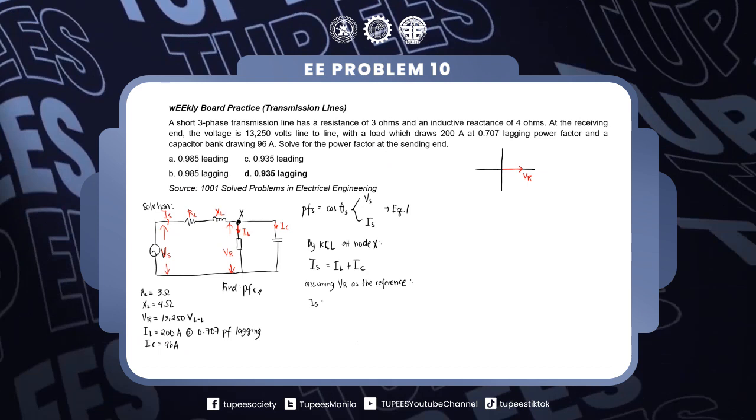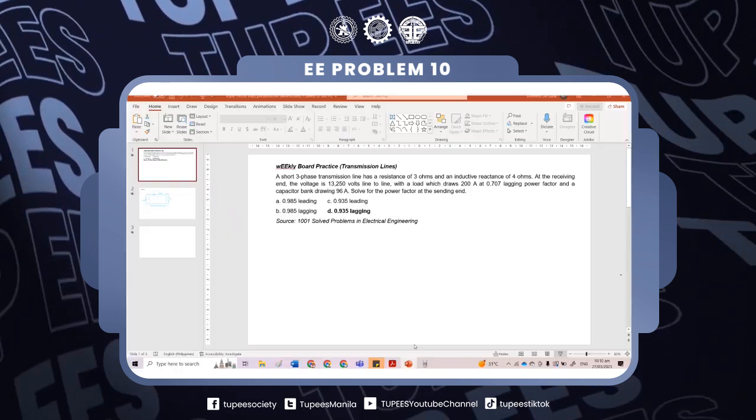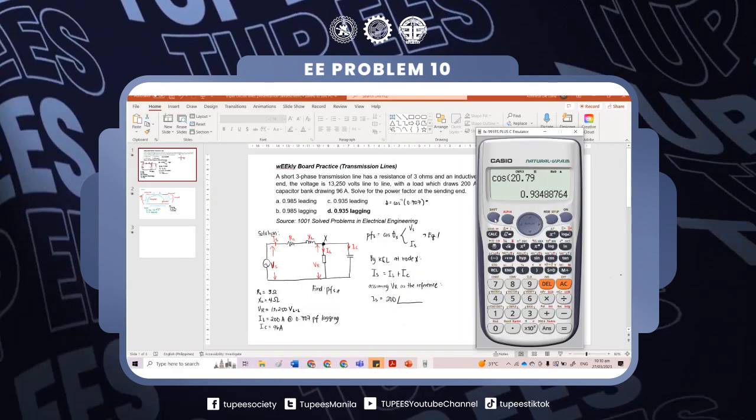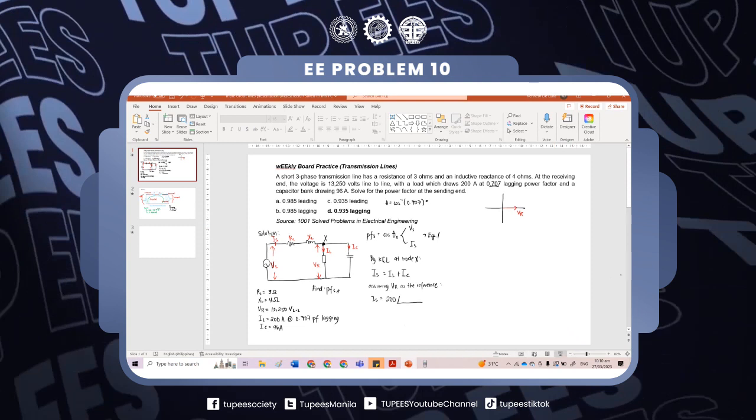So, IS is IL of 200. What is its direction? It has a 0.707 lagging power factor. To get the angle, we just have to get the arc cosine of 0.707, which is 45 degrees.